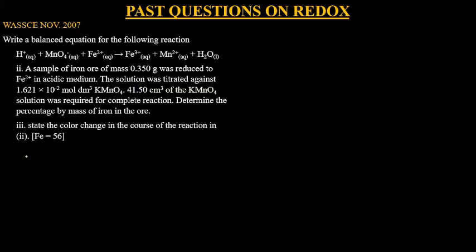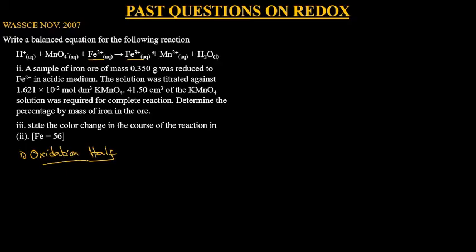So first, oxidation half. For the oxidation half, we said oxidation is loss of electrons. So if you observe from the equation, you can see that Fe2+ has been oxidized to Fe3+.